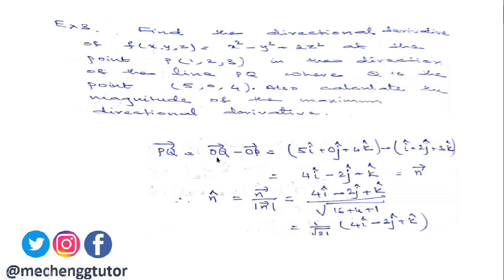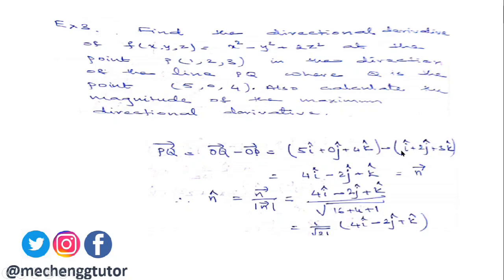So OQ bar is what? Associate these with i, j, k: 5i − 0j + 4k, minus OP bar, which is i + 2j + 3k. Subtraction of vectors is what? Subtract the corresponding coefficients of the terms.